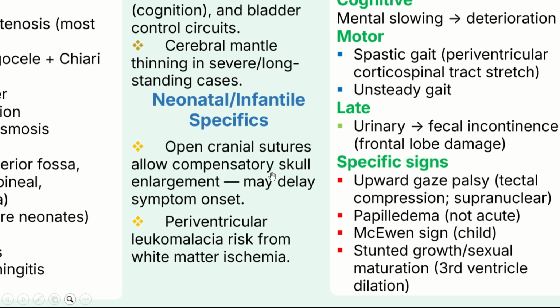So when this occurs, we have delayed symptom onset. So these people tend to have a delayed onset of these symptoms, and therefore in children who have hydrocephalus, if you do an early intervention, you can actually help prevent some of the complications that come from hydrocephalus. Then we have periventricular leukomalacia. Risk from white matter ischemia is also high.